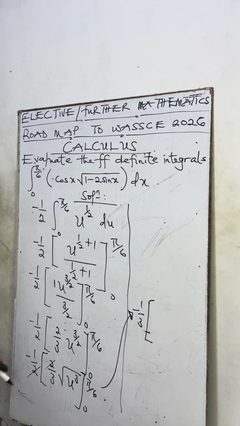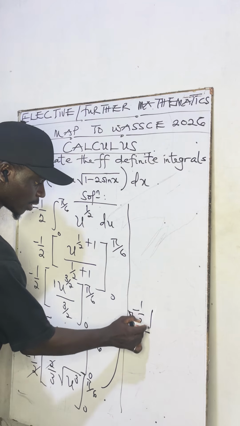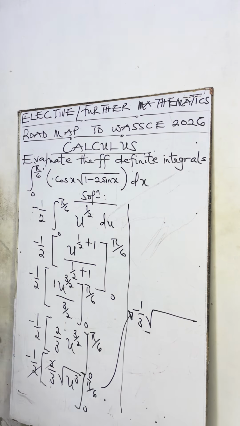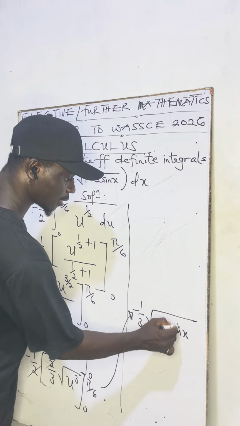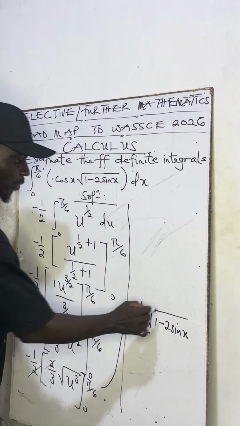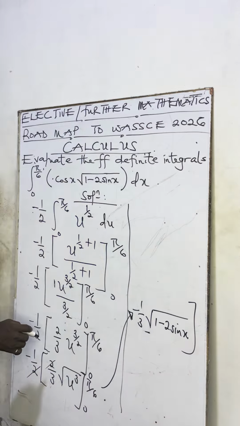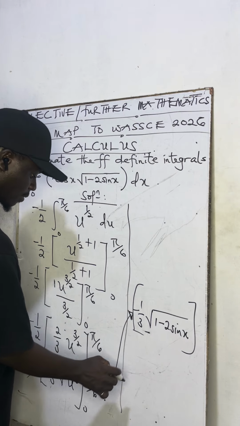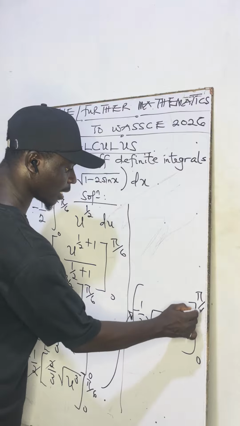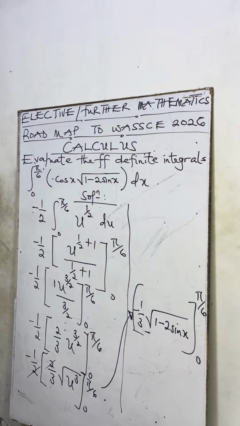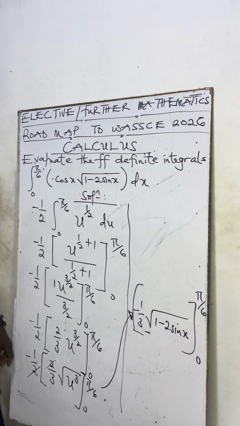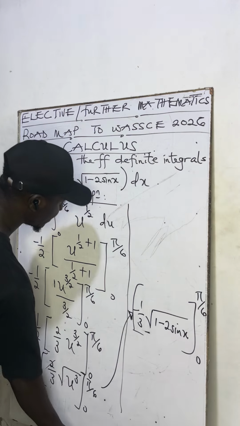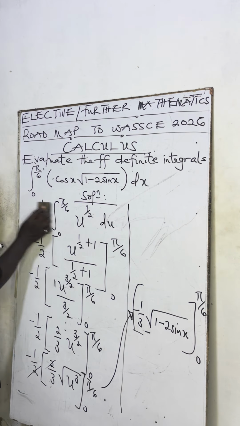Negative 1/3 times, let me bring my square root of u. u is 1 minus 2 sine x. Then we bring our limits, which is 0 to pi by 6. So now I'm coming to substitute in the x values, the upper limit and the lower limit.